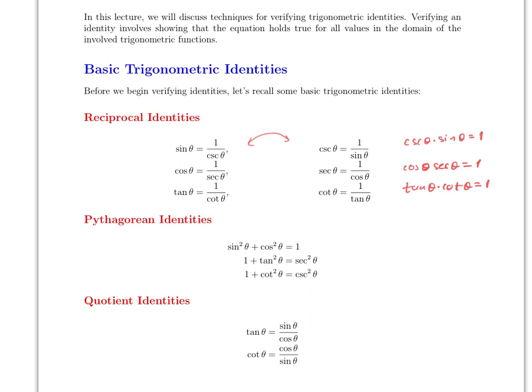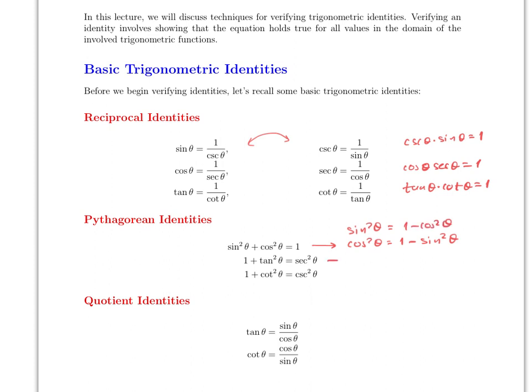Now, it's very important to notice that sometimes you just use this directly, but most of the time you're going to use a slight version of this. For example, if sine squared plus cosine squared is equal to 1, that means that cosine squared is equal to 1 minus sine squared. Or the other way around, you can also say that sine squared is equal to 1 minus cosine squared.